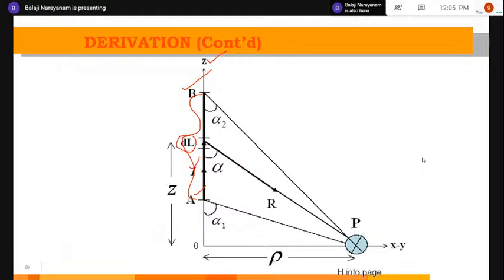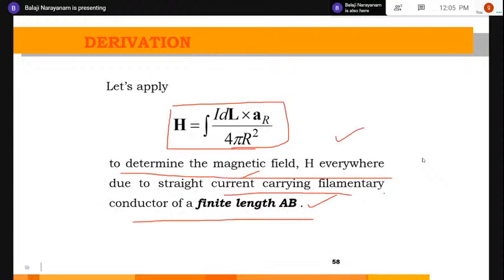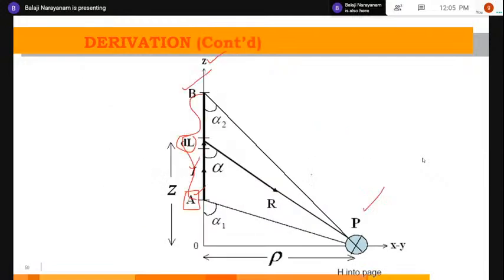The start of the filamentary conductor is A, and P is the point at which we are finding the field. The start point of the filament is subtending an angle alpha 1 with the point P, where we are finding the field intensity.